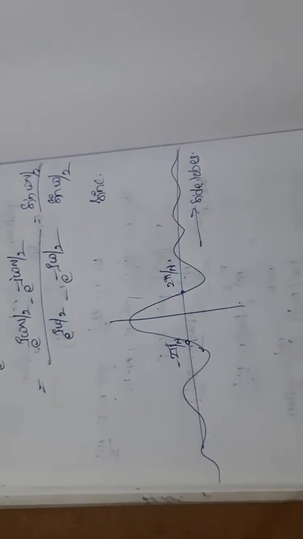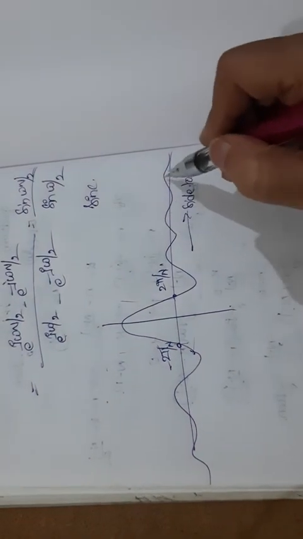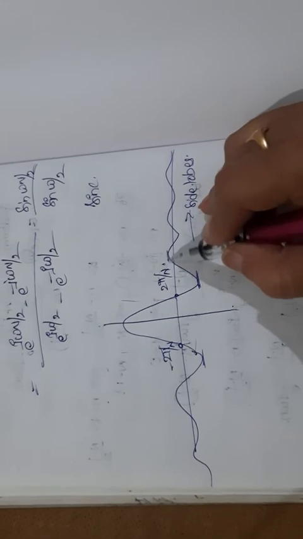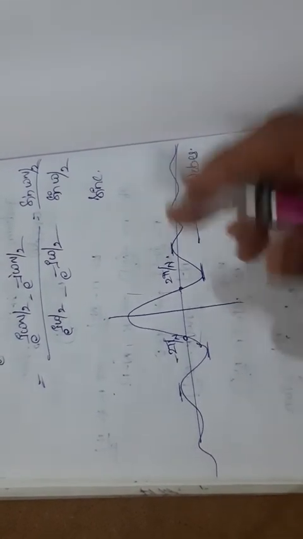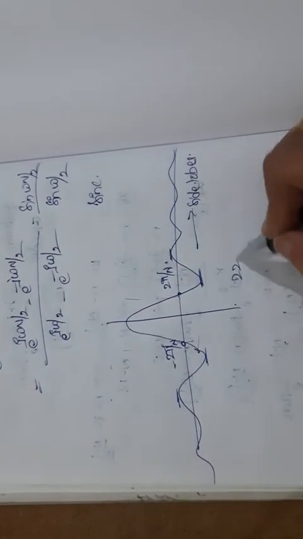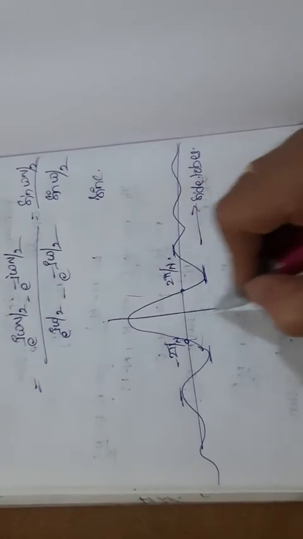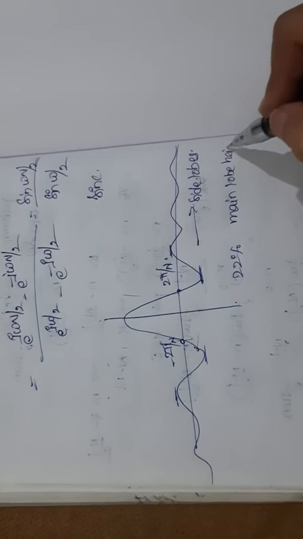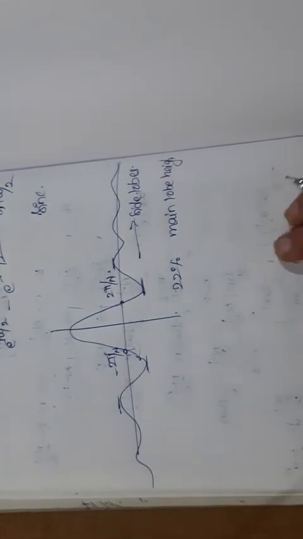This side lobe height is 22% of the main lobe height in the rectangular window.